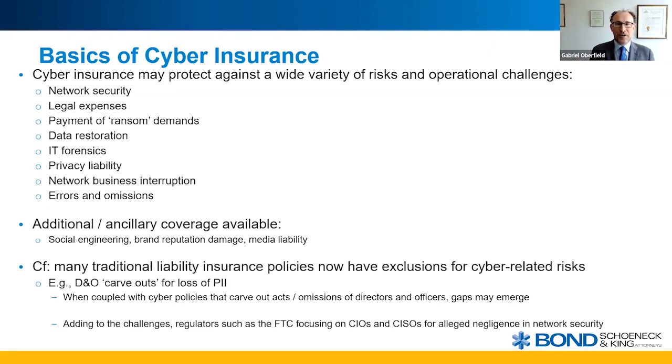You'll have very express carve-outs for loss of PII. And if in a cyber policy you don't have that matching coverage built back in, you've got a problem. These are the kinds of things that we see, unfortunately, in terms of what comes to our practice. And so we mention it now as the kind of sets of issues that you should be guarding against and otherwise finding solutions for.